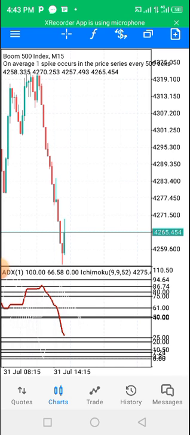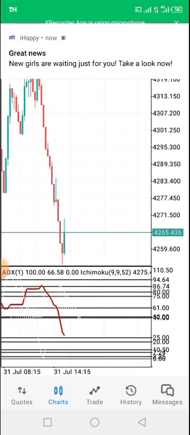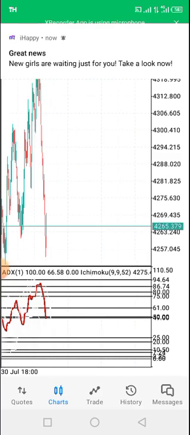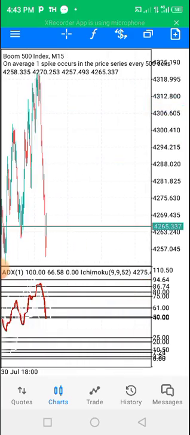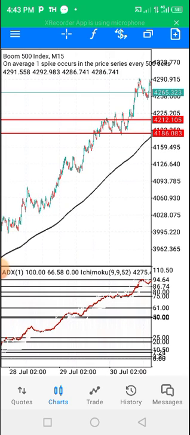So first of all, what you want to do is zoom in your chart to the last zooming level. As you can see, I just zoomed in my chart to the last zooming level. When you do this, you check your moving average line, the black line you're seeing on the main chart.